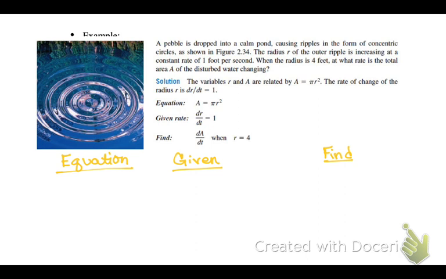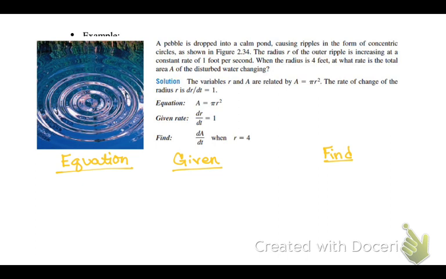Okay, the radius r of the outer ripple is increasing at a constant rate of 1 foot per second when the radius is 4 feet. At what rate is the total area of the disturbed water changing?